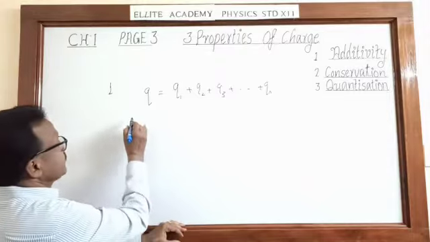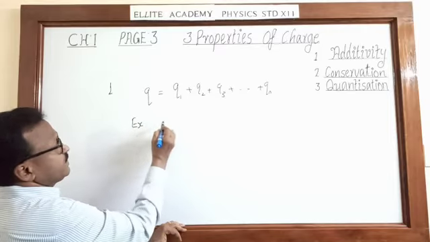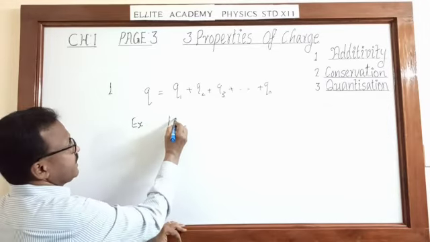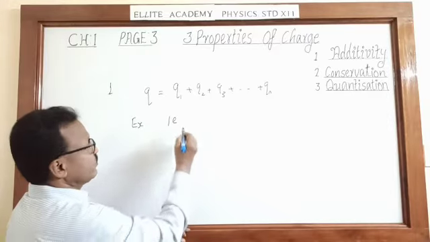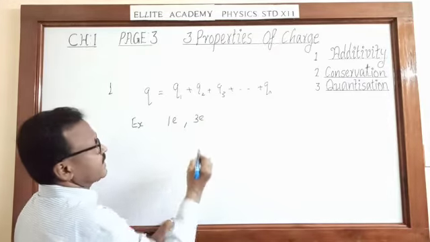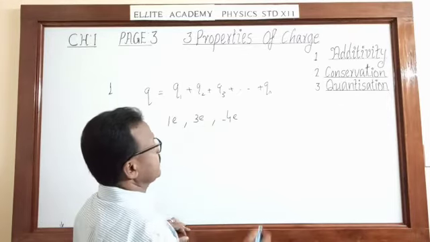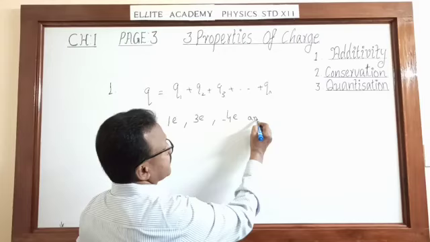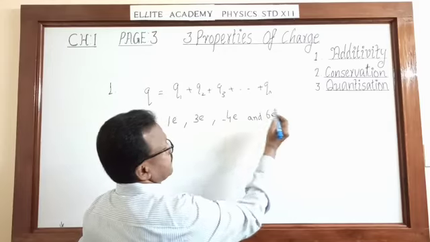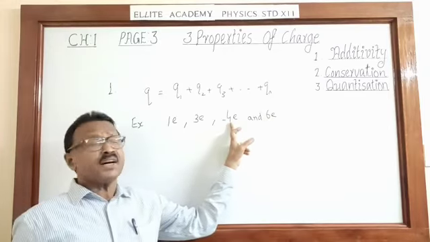Example, a body is given charges of 1e, where e stands for charge of electron, 3e, minus 4e, and then let us say 6e. What e stands for? Charge of electron.